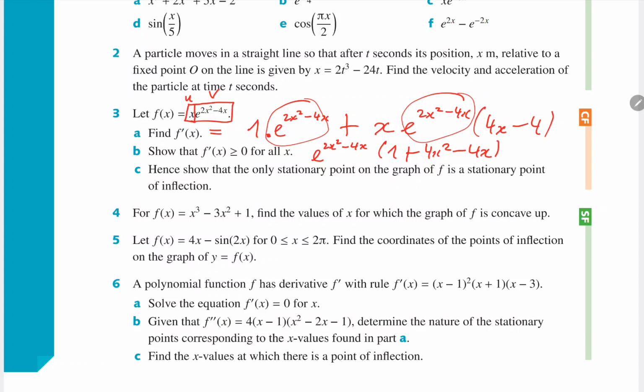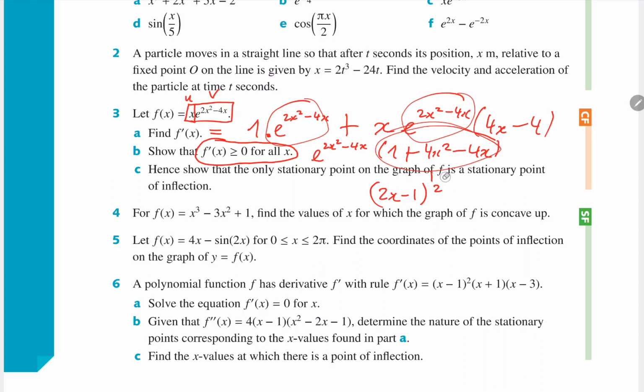So that would be f dash of x. Now show that this is more than or equal to 0 for all x. So we need to say that regardless of what x is, this will always be positive. This one's a little bit tricky, but if you factorize this expression, try at home, what you will get is 2x minus 1, everything squared.